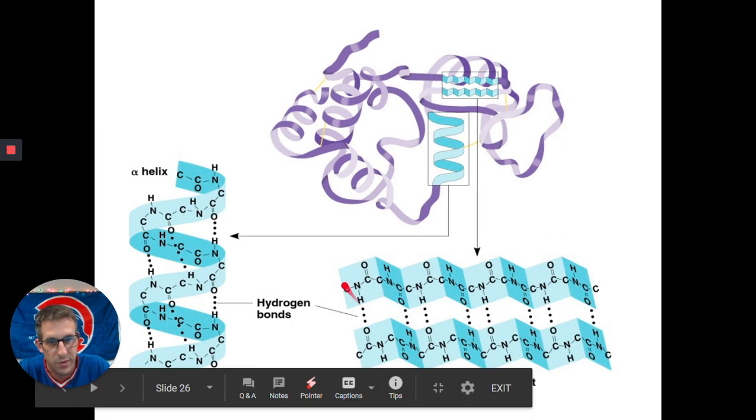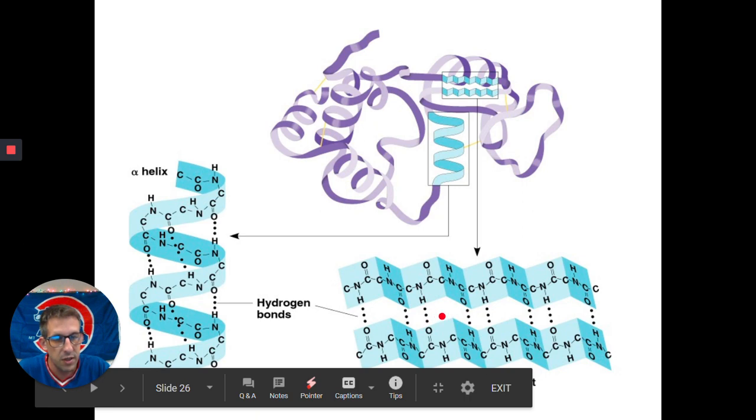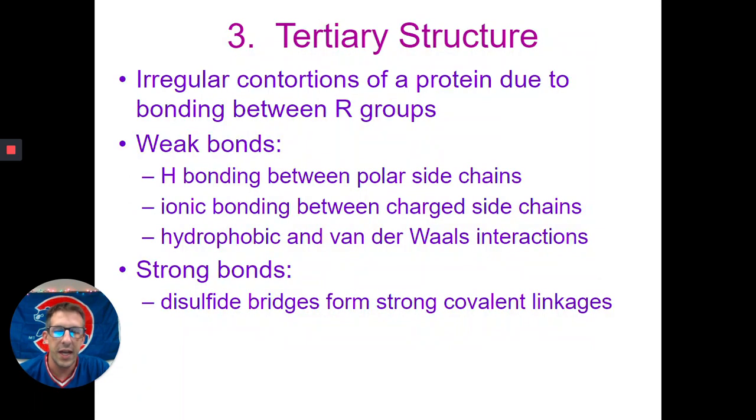Okay, so there is interaction between these variable R groups that I said were important in the monomer structure of the amino acids. Okay? Now these bonds can manifest in a couple of different ways. They can form weak bonds or sometimes strong bonds. Oftentimes it is weak bonds, things like hydrogen bonding. So we can still have hydrogen bonding between R groups.